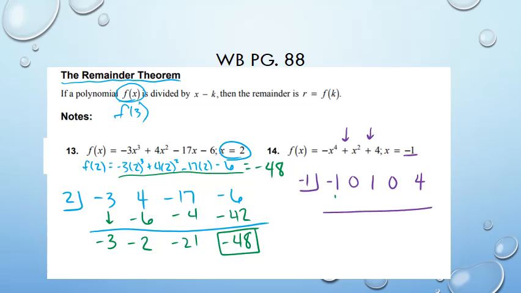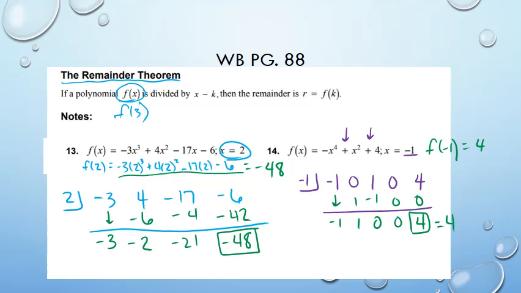All right, and when I drop these down, I'll have, let's see, 1. Be careful all these 1s here. 0, 4. So my remainder is 4, which means the answer to f of negative 1 should be 4.